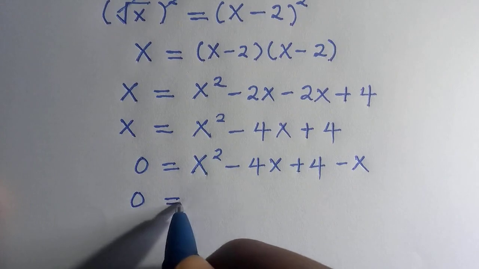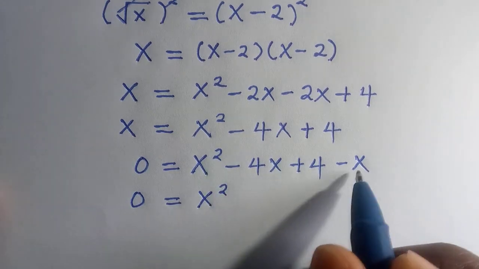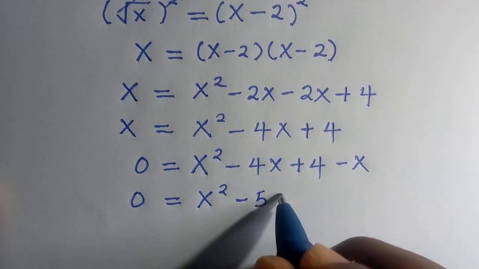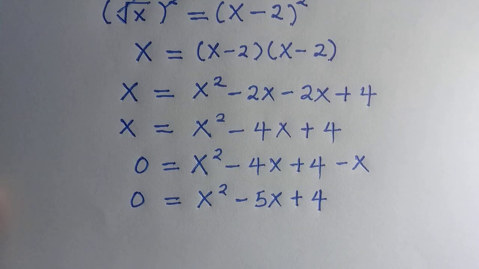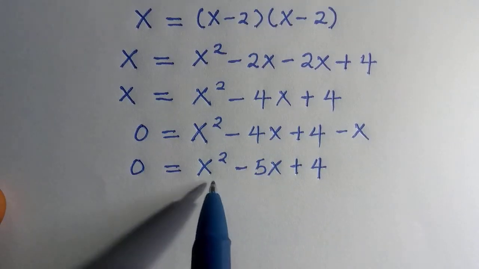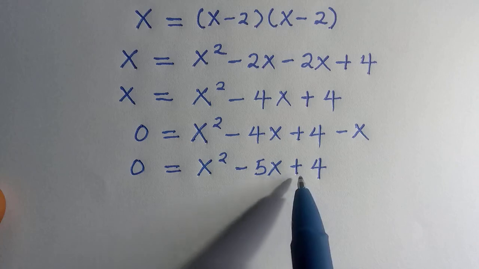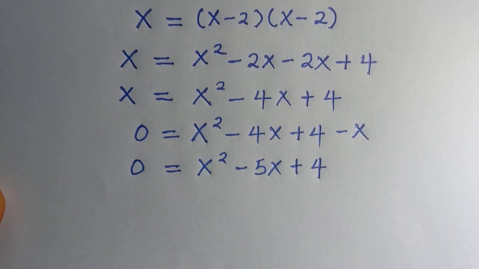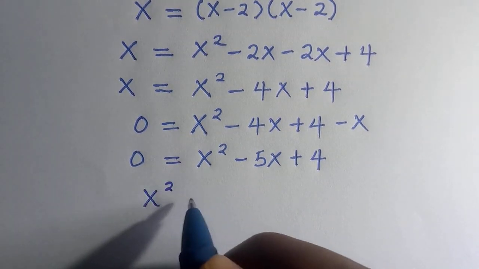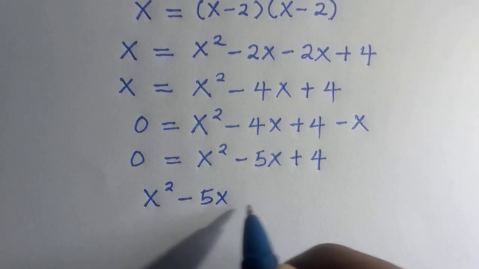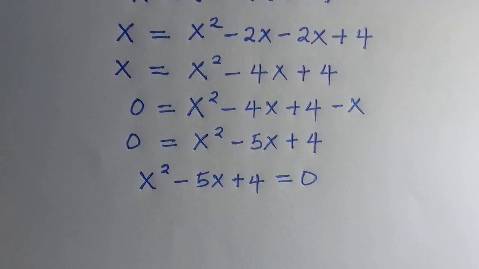So here we have 0 equals x squared, minus 4x minus x is minus 5x, and we have plus 4. So here is a quadratic equation. x squared minus 5x plus 4 is a quadratic equation when we rearrange it properly.